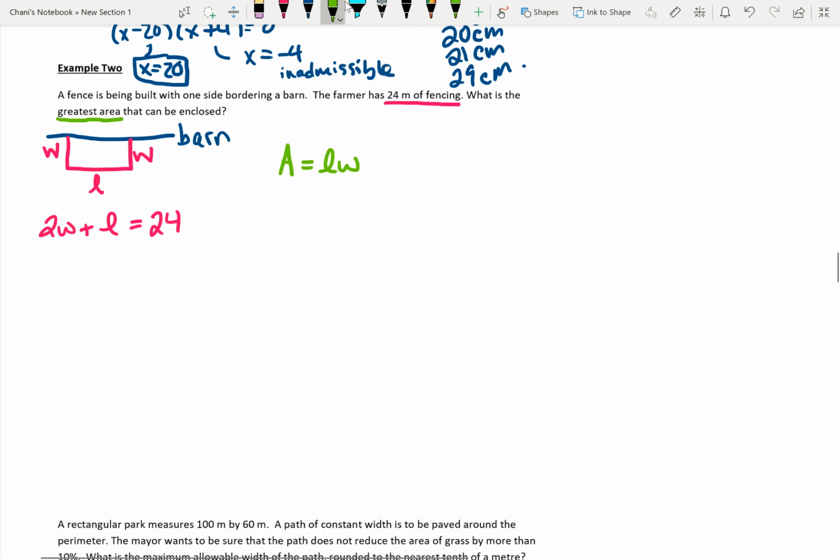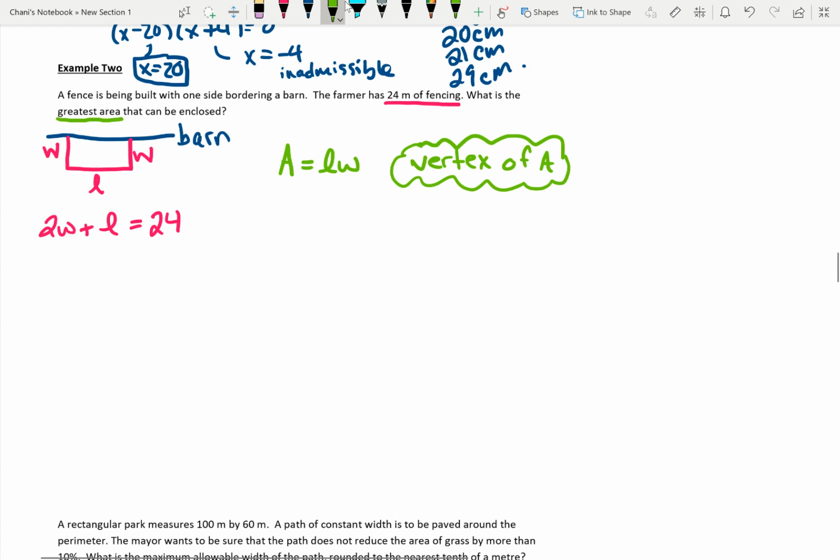They want greatest, so I want the vertex of the area formula. That's what I'm looking for. Now, why can't I find the vertex of this area formula right away? The problem is that I have 2 variables, length and width. I need an area equation that has just 1 variable in it, and that's a quadratic, so that I can find the vertex.